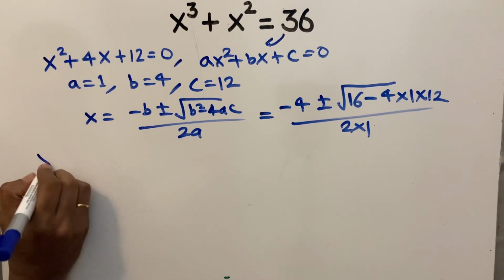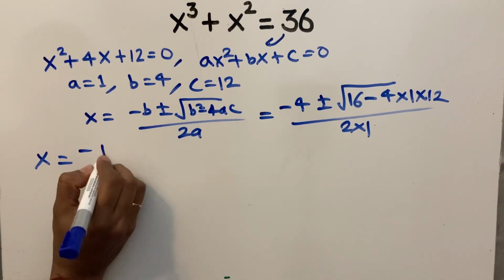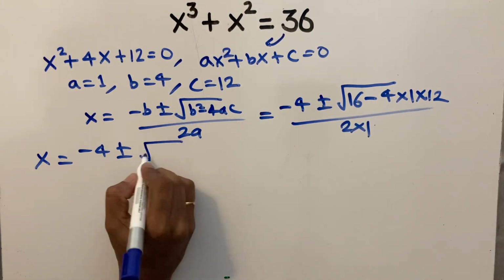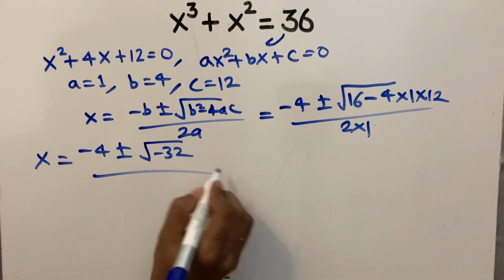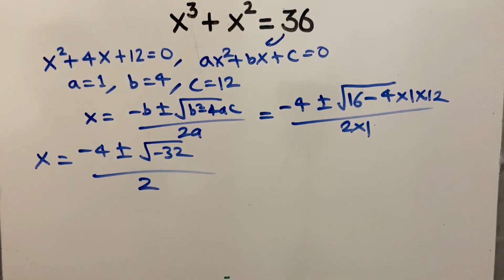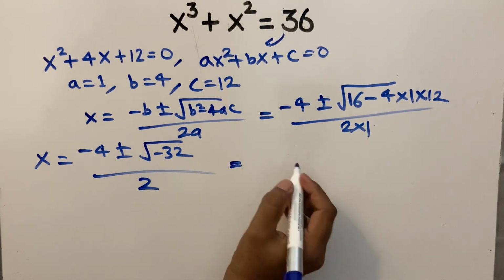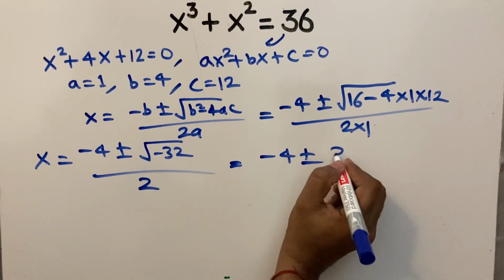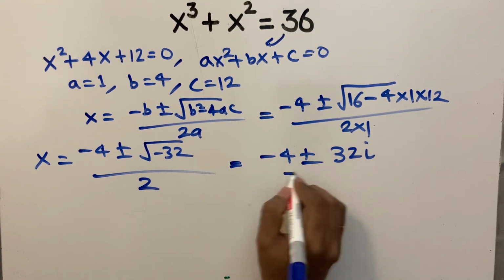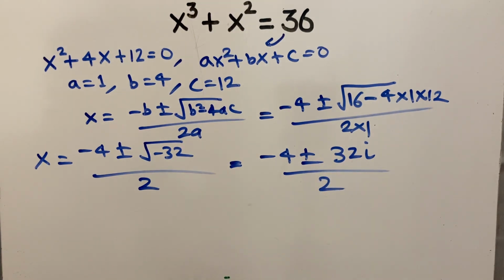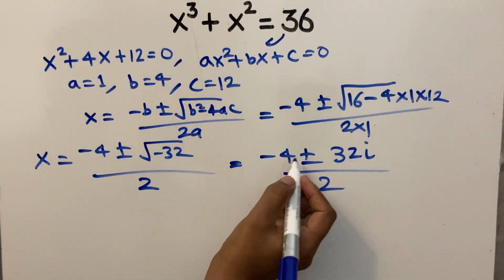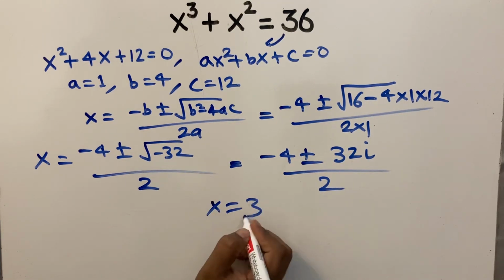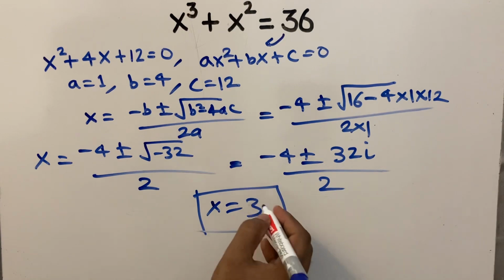So value of x becomes minus 4 plus minus square root of minus 32 divided by 2. So this can also be written as minus 4 plus minus 32i upon 2. So x is equal to minus 4 plus minus 32i divided by 2 and x is equal to 3 are the answer for this equation.